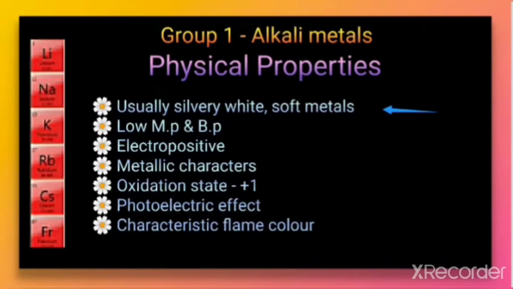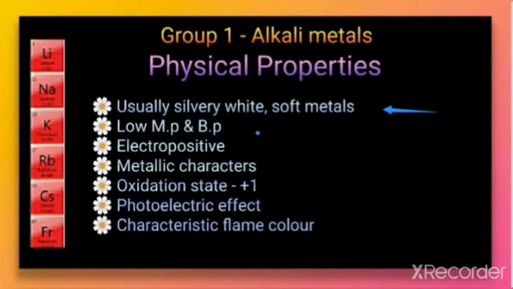They have low density, and they have low melting and boiling points. Among these elements, potassium is lighter than sodium. The melting point and boiling point of the alkali metals are low, indicating a weak metallic bond due to the presence of only a single valence electron in them.